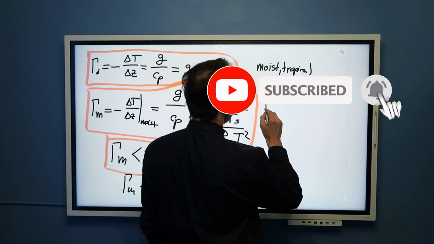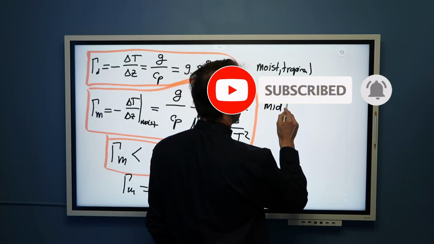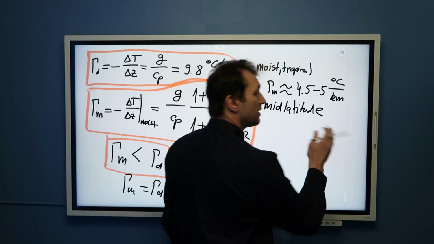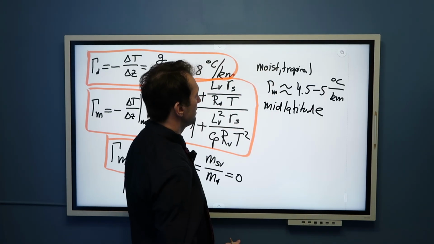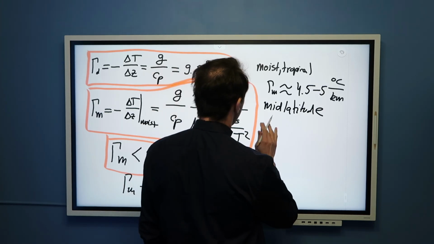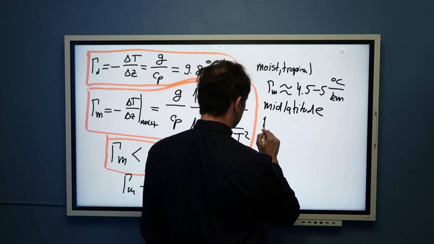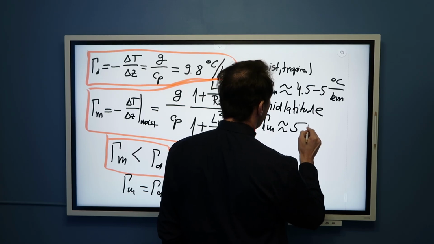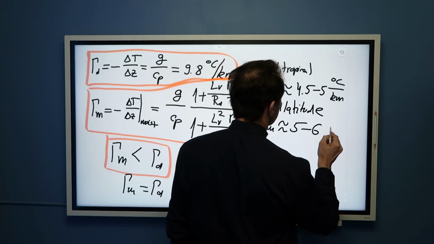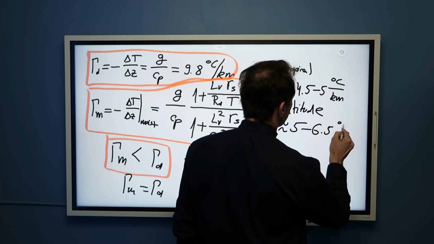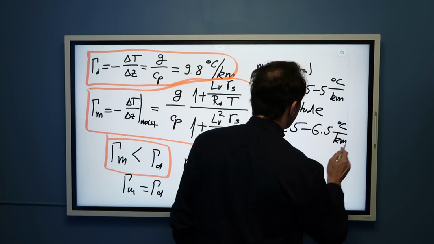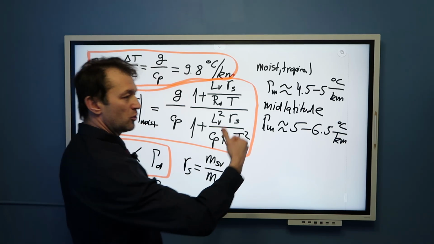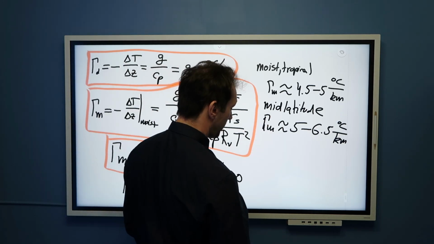If we have mid-latitude air, which is pretty much the air I have here in Montreal, then gamma m is about 5 to 6.5 degrees Celsius per kilometer. Why is it a higher value? Because we have less water vapor than those folks in the tropical region.